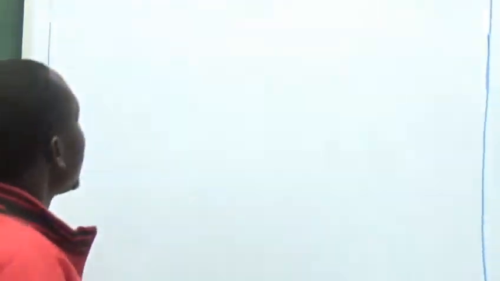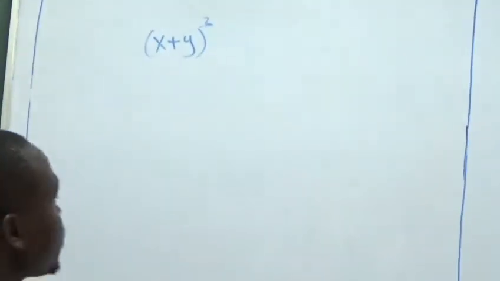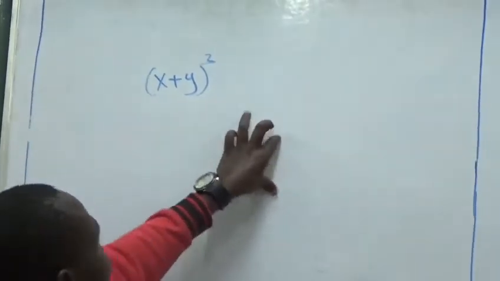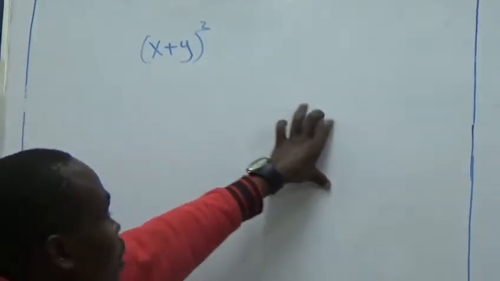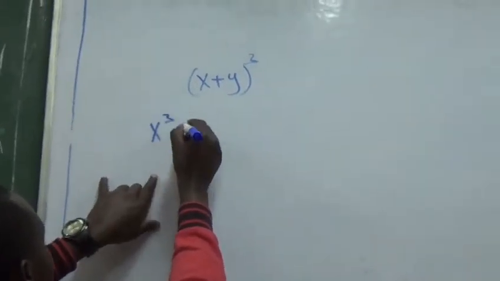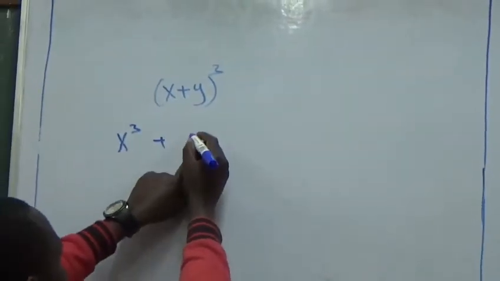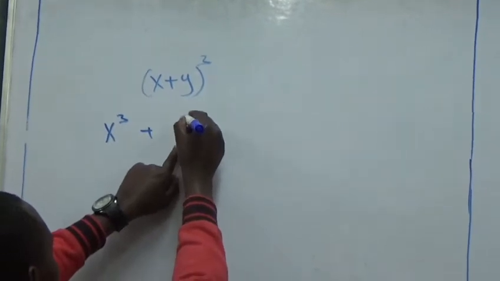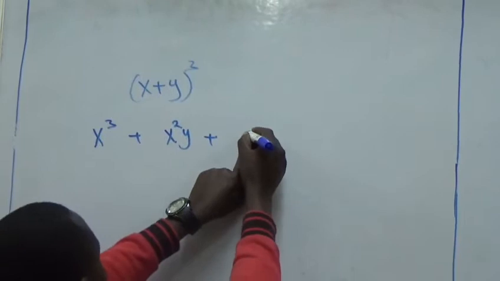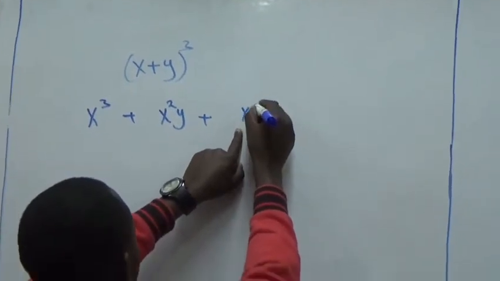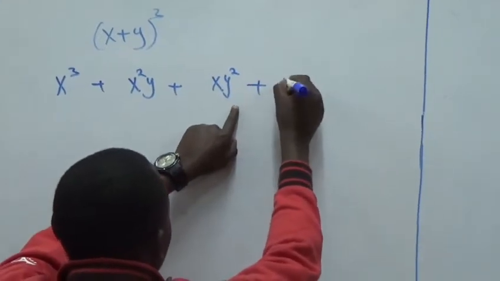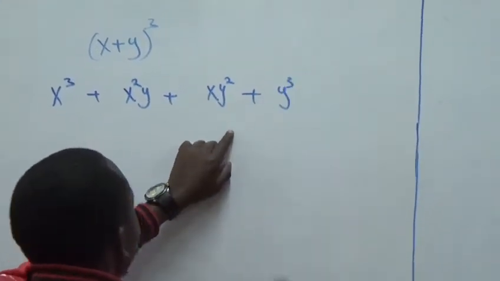So, in many cases, we know the power of x is going to decrease as the power of y is going to increase. The power of x will be cubed plus a coefficient, then x squared y plus a coefficient, then x y squared, then plus y cubed.